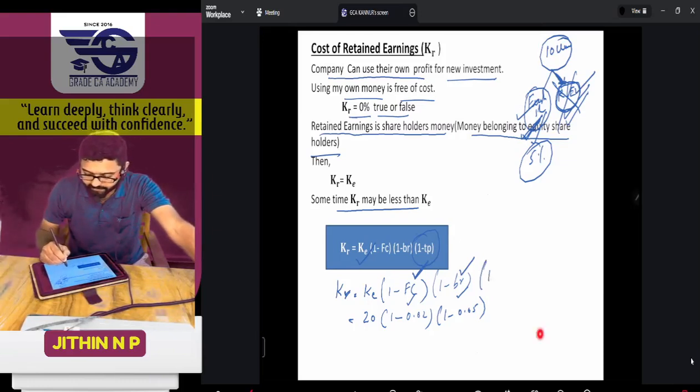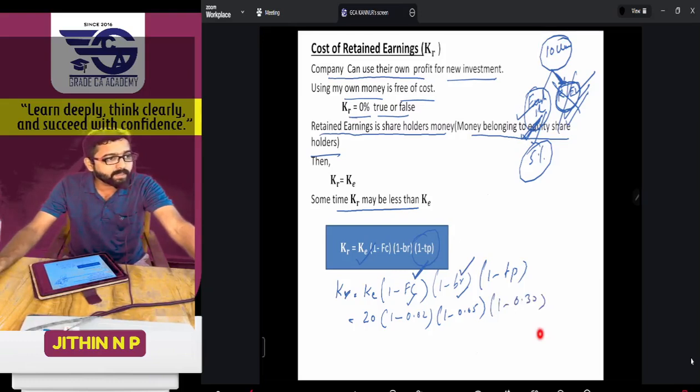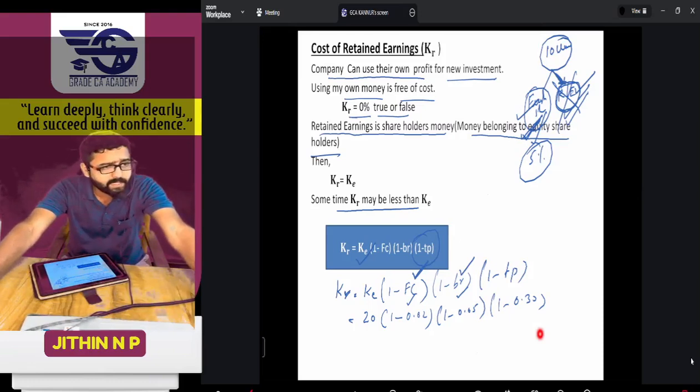Hence, 1 minus personal tax. Suppose personal tax is 30 percent: 1 minus 30 percent. Clear? So, if the company uses retained earnings, KR may be less than KE. Three situations are possible.